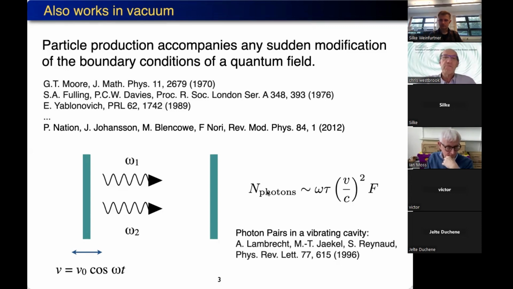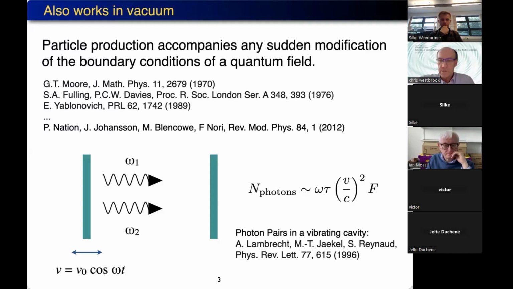They did a calculation for the number of photons: it would create pairs of photons, the sum of whose frequencies is equal to the driving frequency omega. They calculated a rate for a cavity with given finesse F. This rate is very small because it's suppressed by a factor of (v/c)^2. So that's just a calculation.